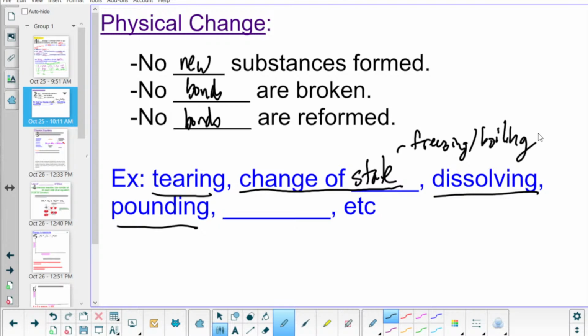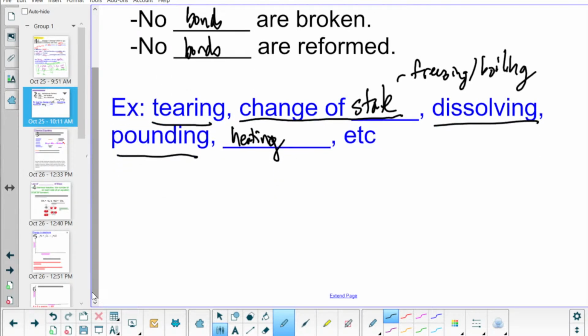That last one there is to provide your own example. Give me an example of a physical change. Just heating it up? Sure, that'd work. In fact, that gives me an opportunity.